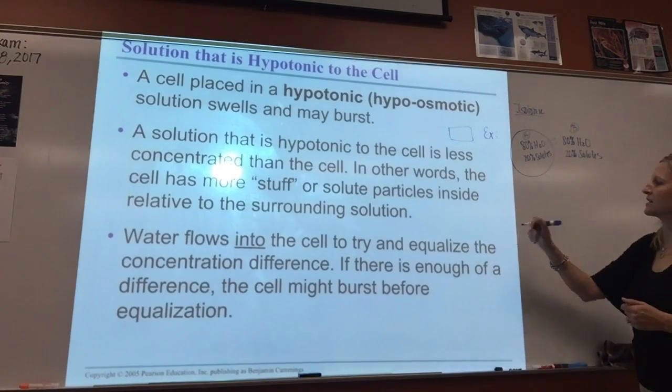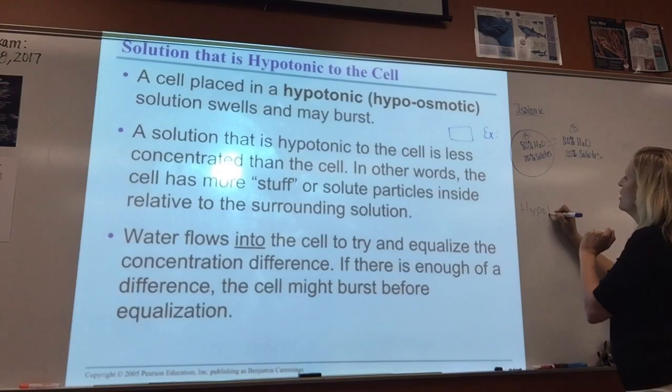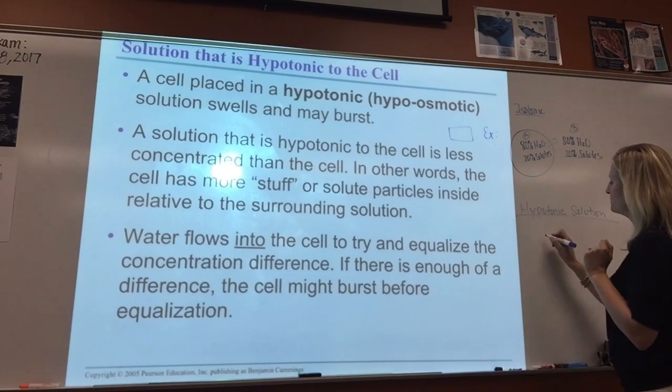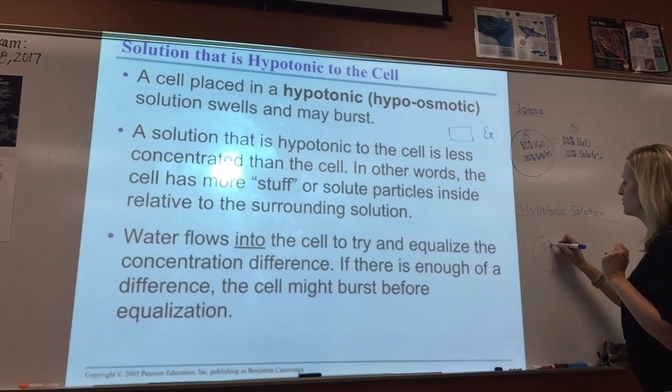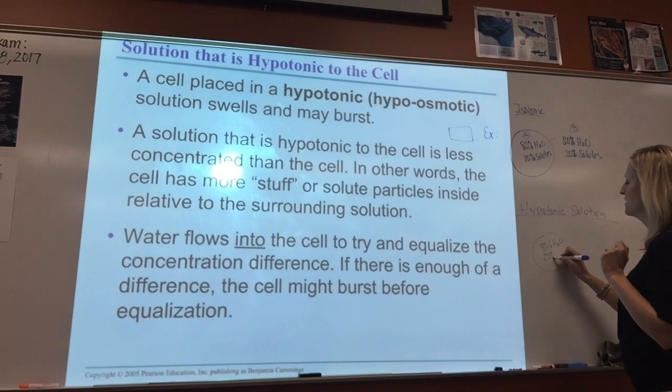So with a hypotonic solution, let's do the same type of thing that we just did with the isotonic solution. So here's your cell, and let's do the same percentages inside the cell: 80% water, 20% solutes.